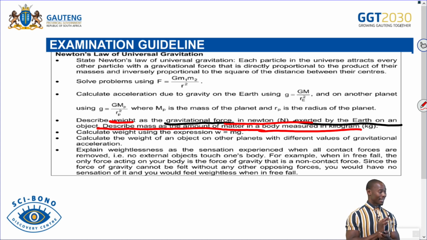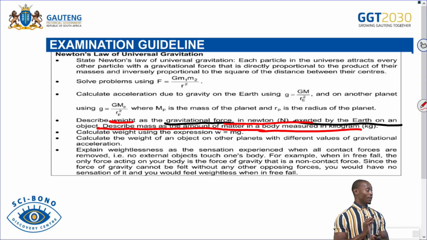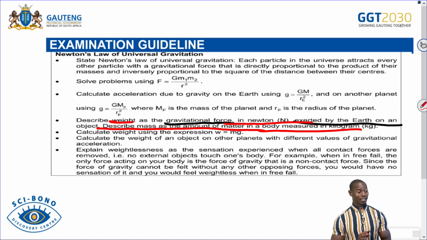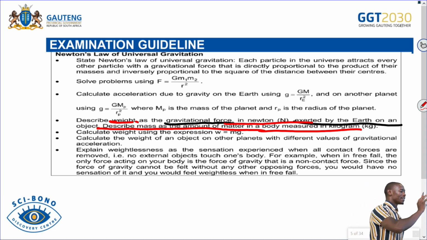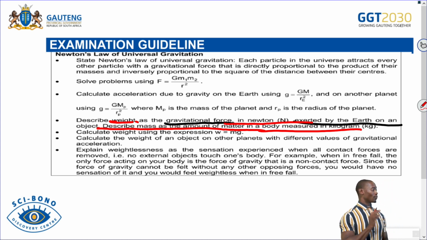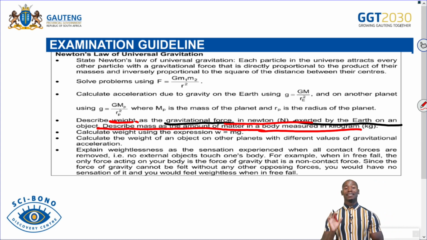Weight is the gravitational force exerted by the Earth on an object, and it is measured in newtons. And the mass is the amount of matter in a body measured in kilograms. And in addition, weight is a vector, and mass is a scalar.